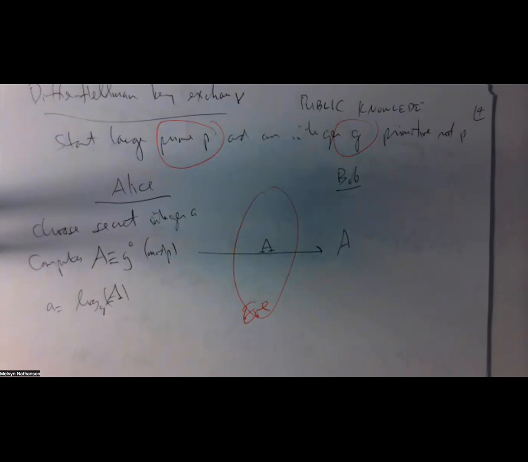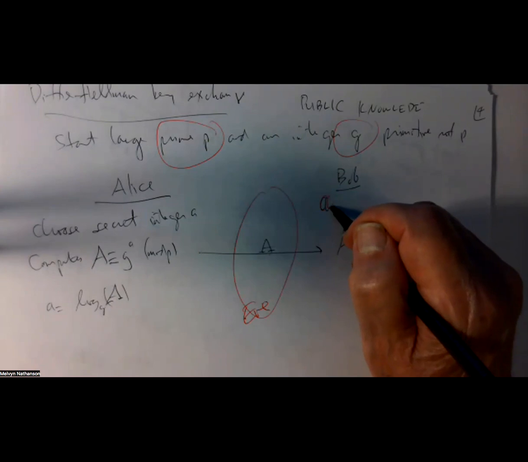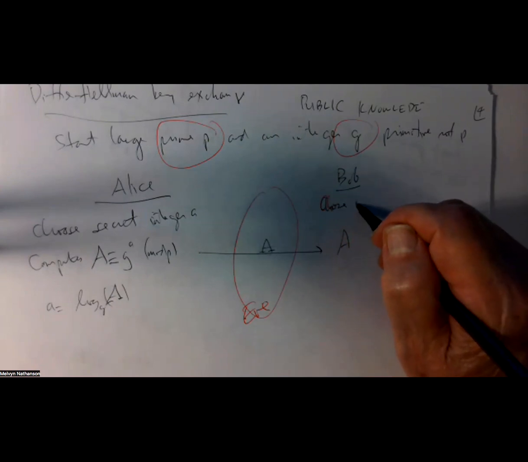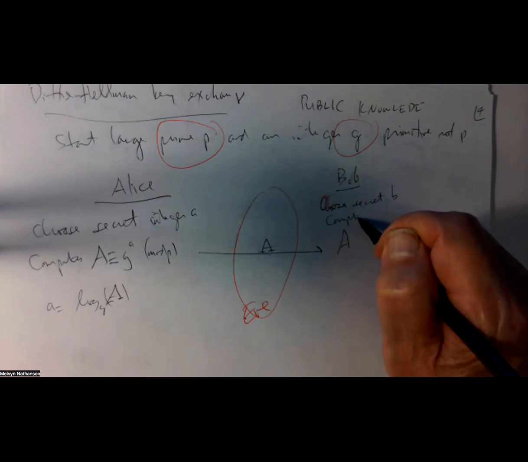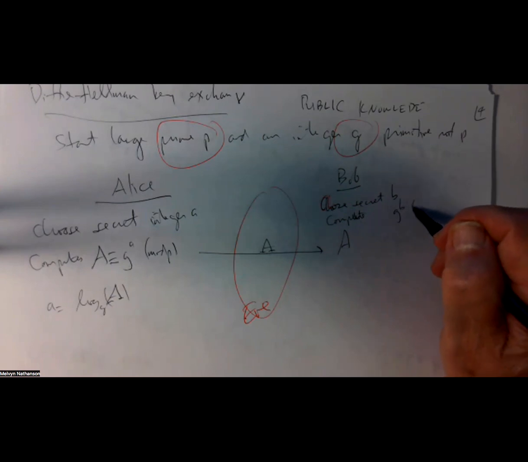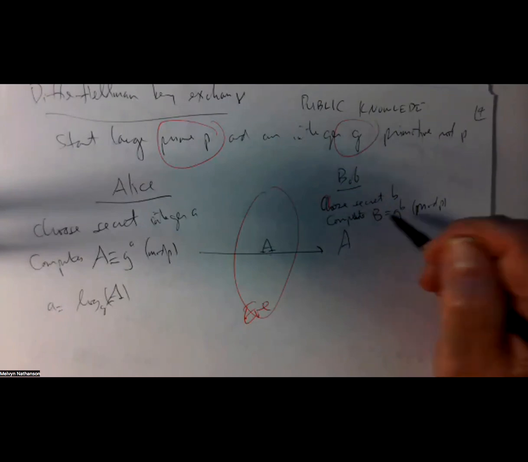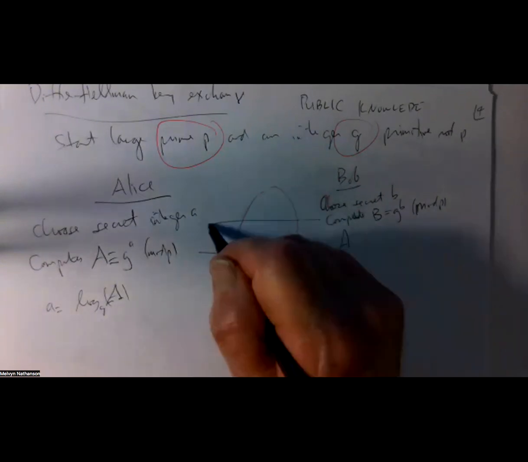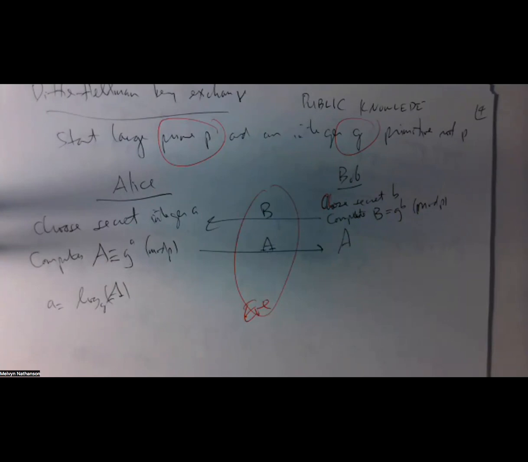Okay. Bob chooses a secret number, little b, and he computes G to the power b mod P, and he calls that number capital B. And Bob sends the number capital B to Alice. And Eve, she's the spy.